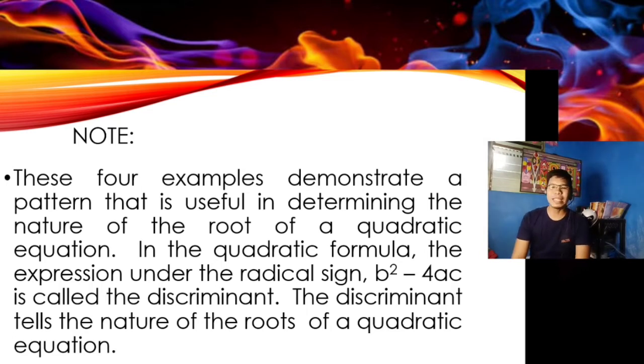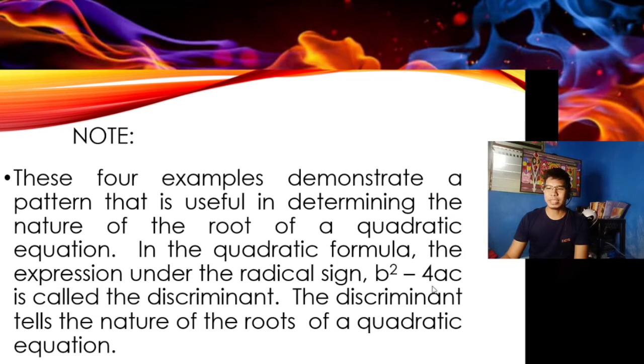So there is no need for us to actually solve the quadratic equation to determine its nature. Just by the use of the discriminant, which is given by b squared minus 4ac, we can easily determine the nature of the roots of a given quadratic equation.